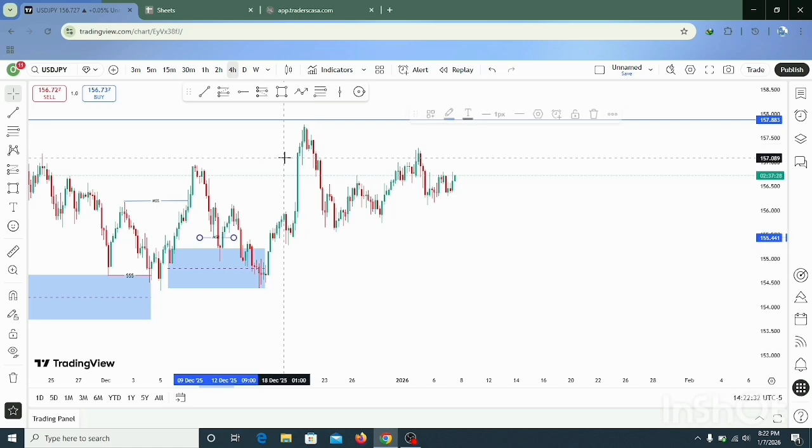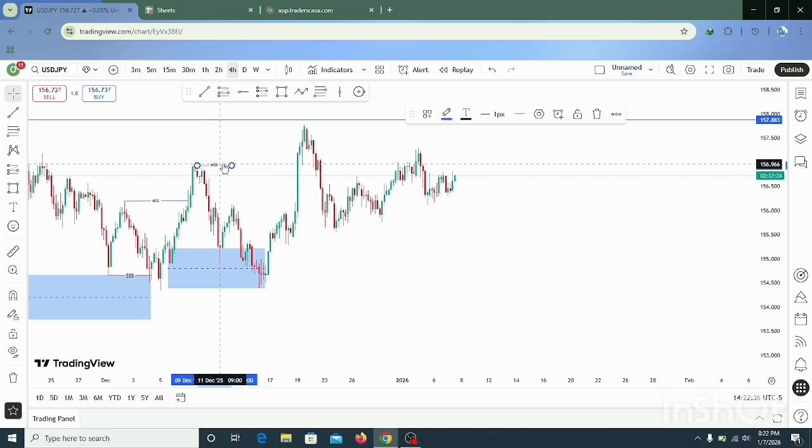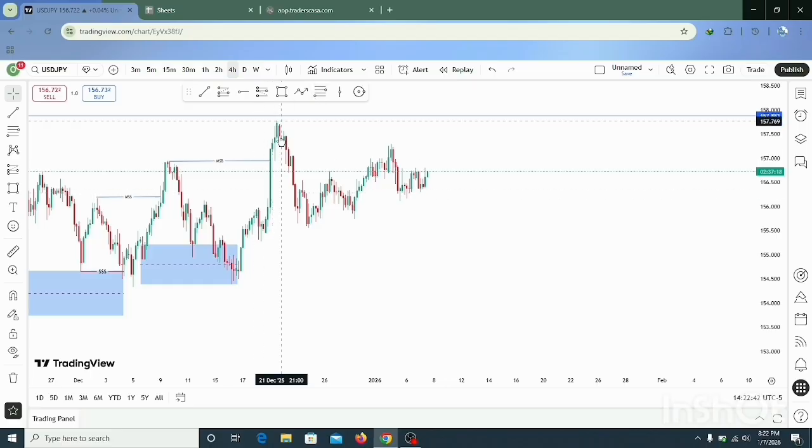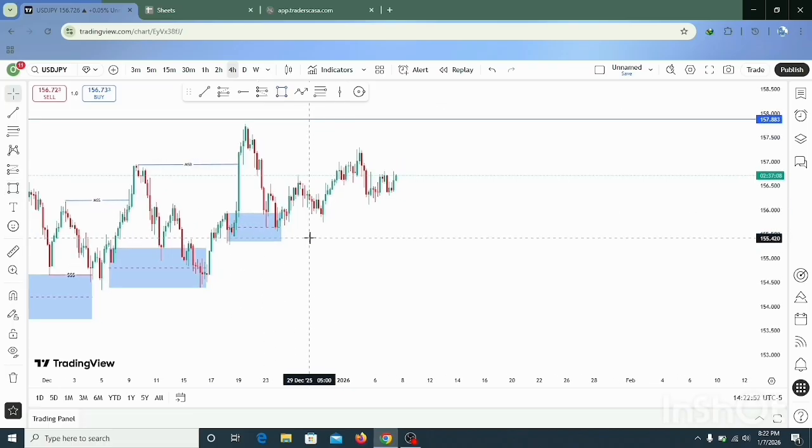After giving us this push to the upside, market actually broke this structure over here. Can you see how the market is being read clearly? So after this market structure break, we actually have another structure, another POI over there, which market reacted from.